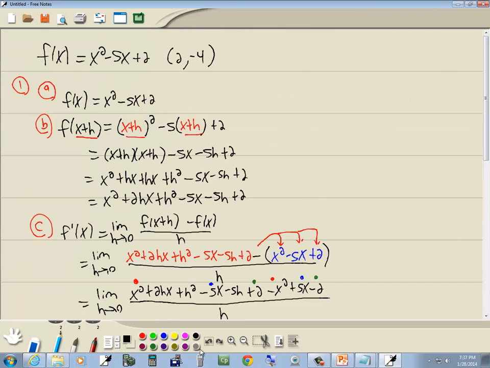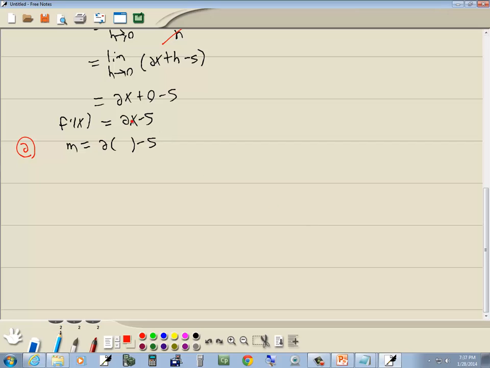We're given this point, so this is x and this is y. So the x is 2. Where our x is in the 2x minus 5, we'll put a 2. So 2 times 2 is 4 minus 5. 4 minus 5 is negative 1.